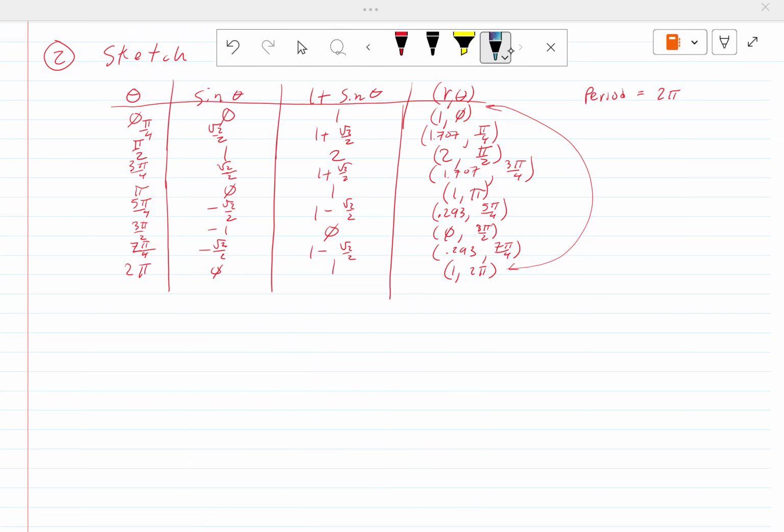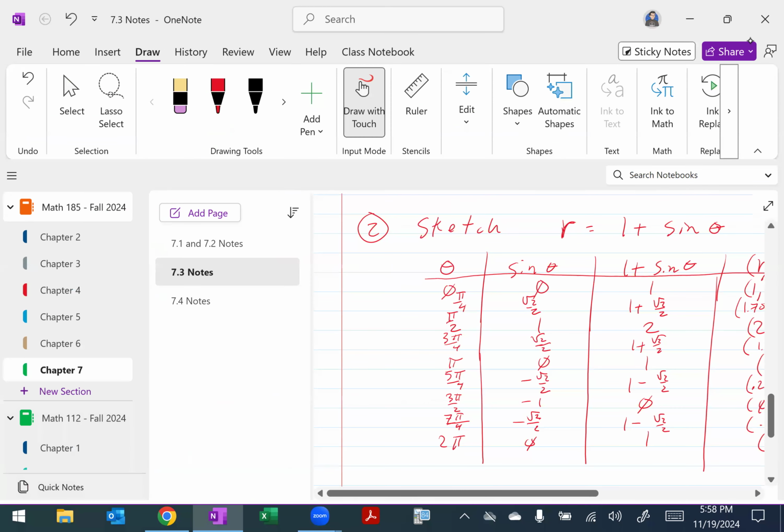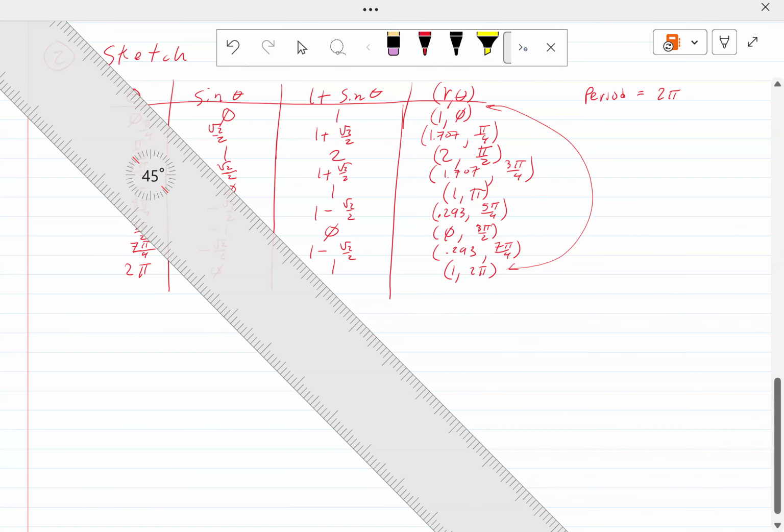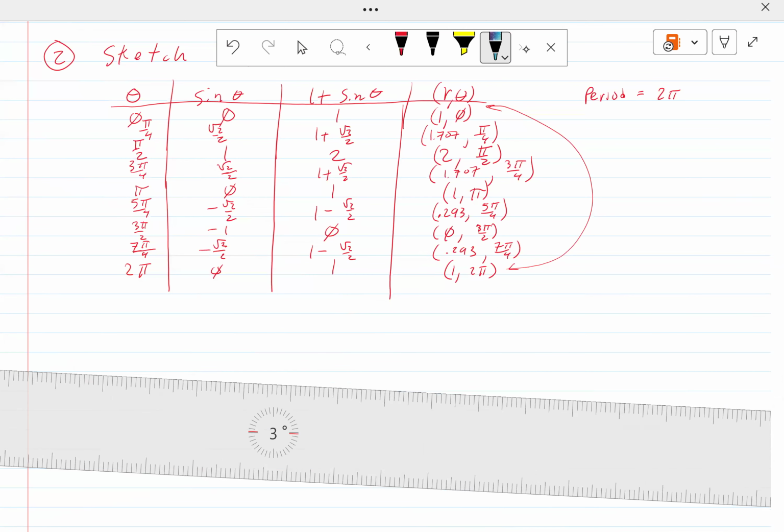So I won't actually use the ruler here. Okay, get out my ruler.